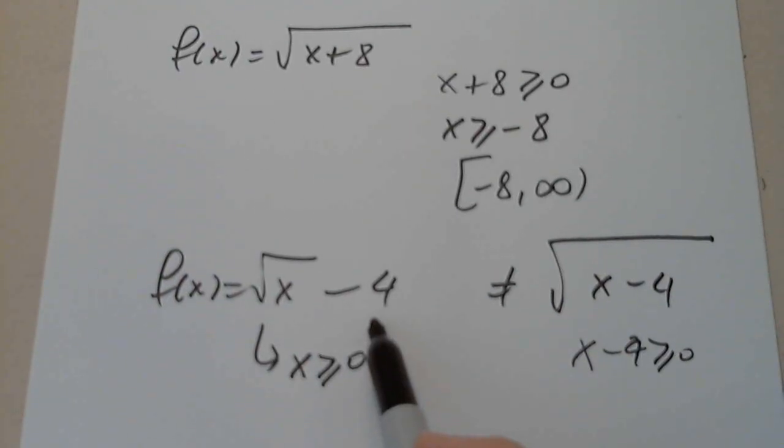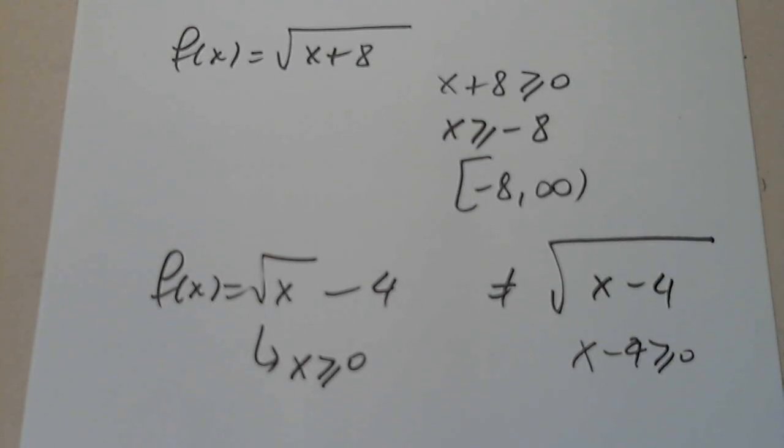The 4 has nothing to do with the square root. The 4 or negative 4 is not under the square root. So you cannot include it all of a sudden. So then the domain is 0 to infinity for this function. In interval notation, bracket 0, comma, infinity, and parenthesis.